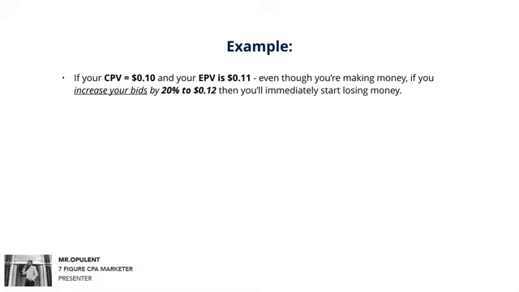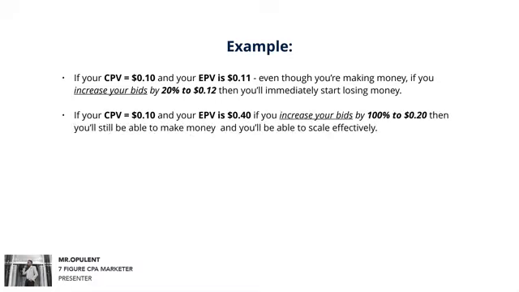And this is the case with a lot of people, where as their costs increase, all their profitability literally goes out the window. And if your CPV in this instance is 10 cents, but let's say your EPV is now 40 cents, if you increase your bids by 100% to 20 cents, then you will still be able to make money and you'll still be able to scale effectively because you've still got healthy profit margins, okay?